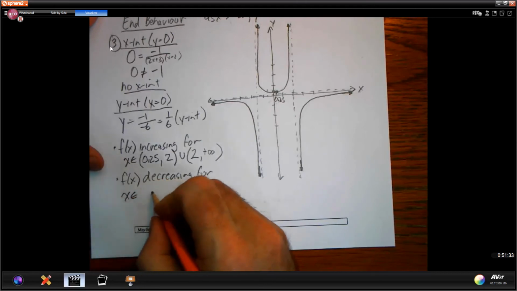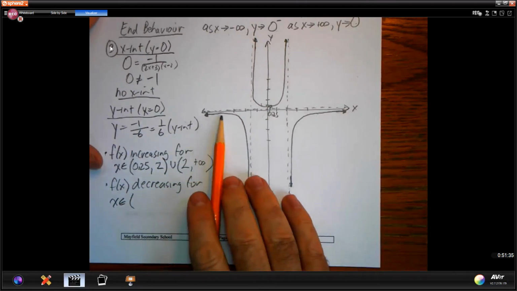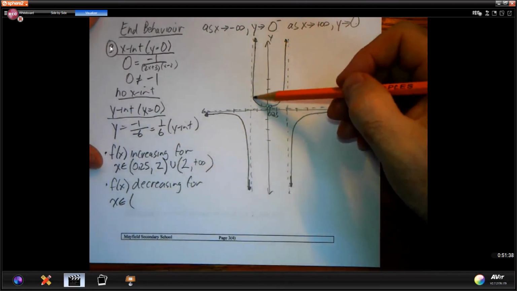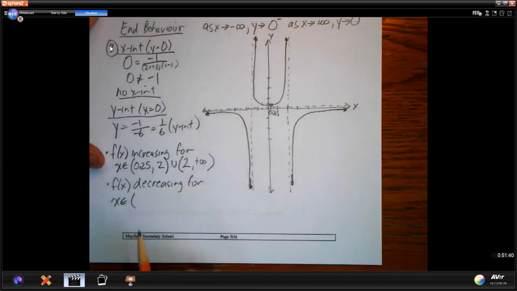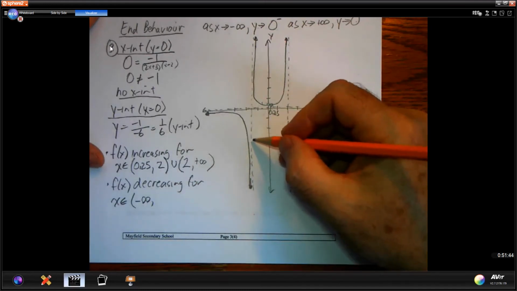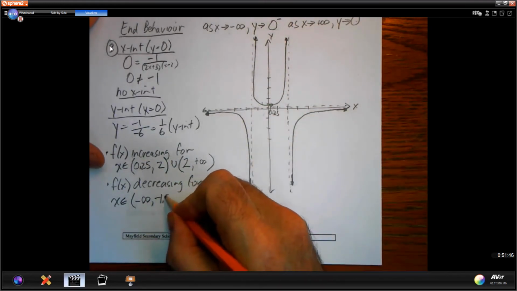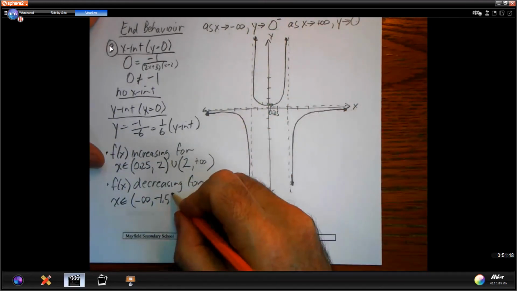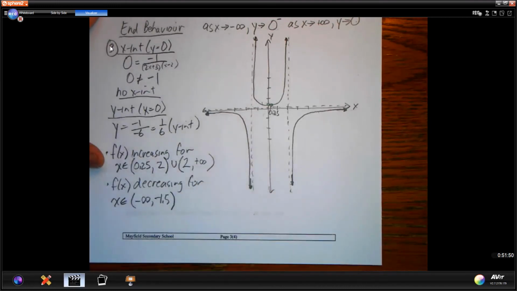For x is an element of, if you remember, this is decreasing and the first part of this is decreasing. So the first region would be negative infinity up to negative 1.5, which is that vertical asymptote, not including either end.